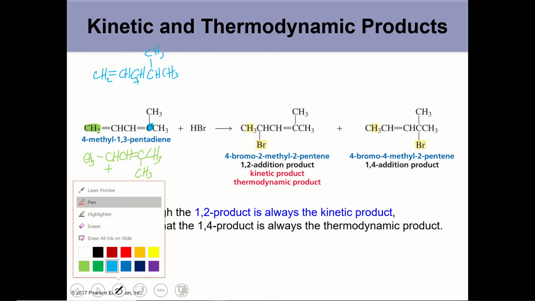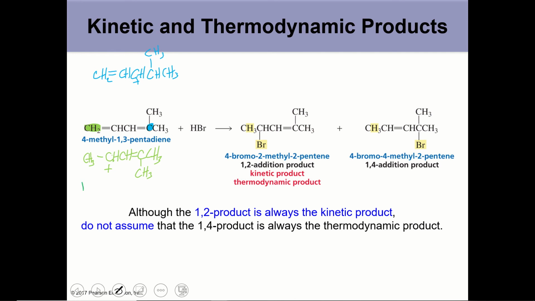So first consider cation. And then second, consider pi bond. And if you can answer when you look at the cation, you can already answer the question, then you don't have to consider the pi bond.